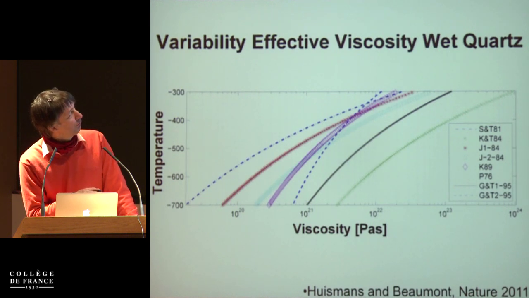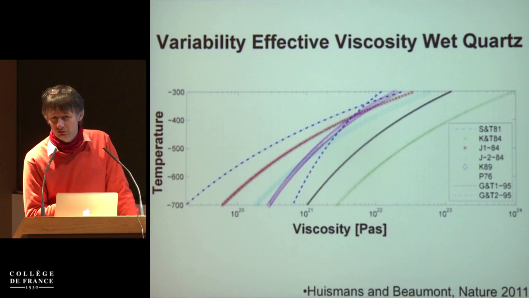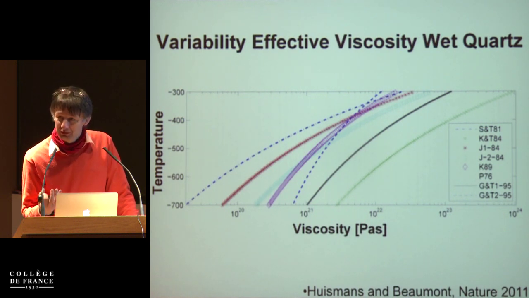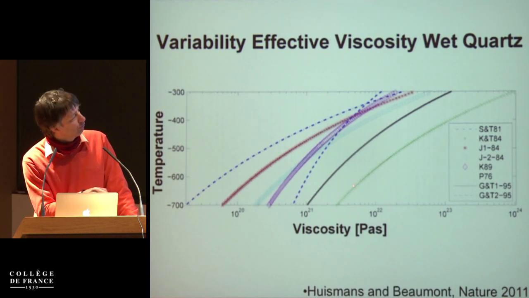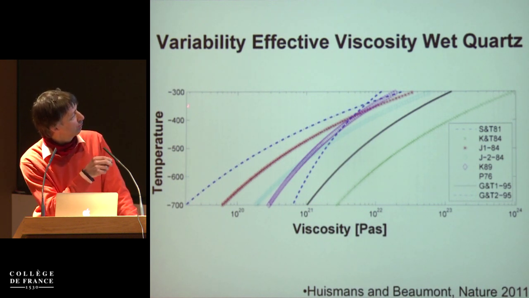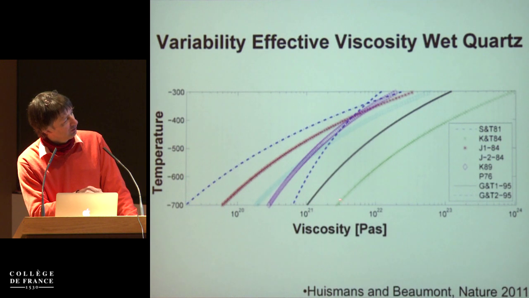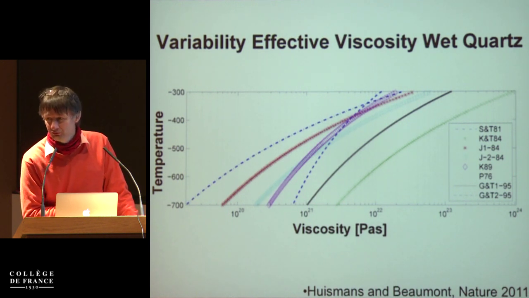Right, so one of the issues that we encountered when we started looking at what proper rheology to use is that we compiled a lot of flow laws for crustal rheologies, here for wet quartz, viscosity as a function of temperature. And we see that the various flow laws give us an enormous range.